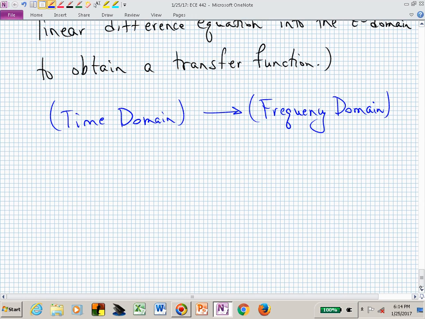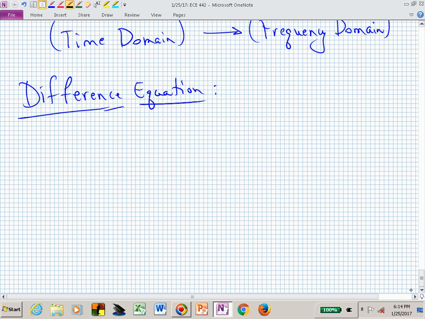Let's start then with the difference equation, which I will keep very generic.